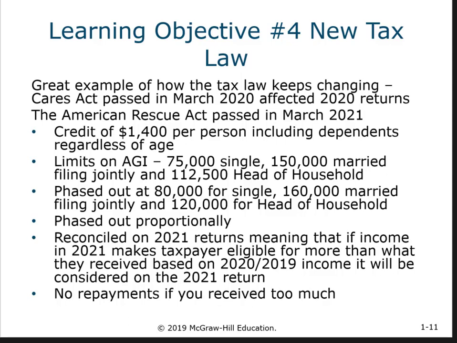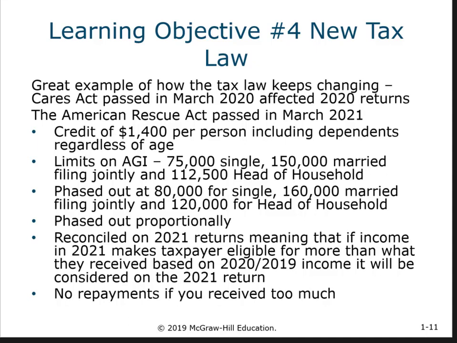It's phased out proportionally. So, for instance, between 75 and 80, if your income is 76, then that's 20% of that gap. The gap between 75 and 80 is 5,000.